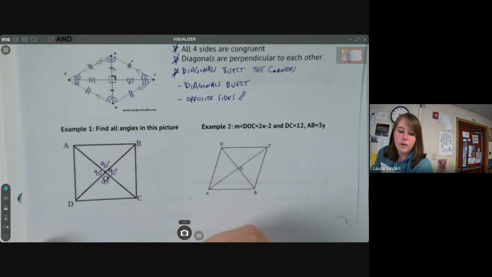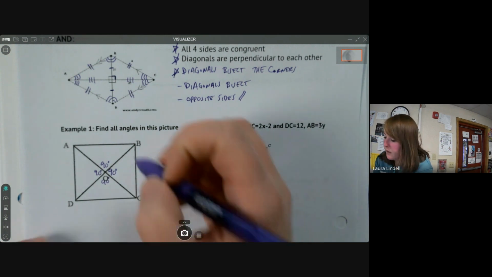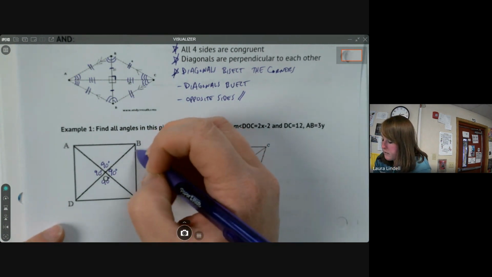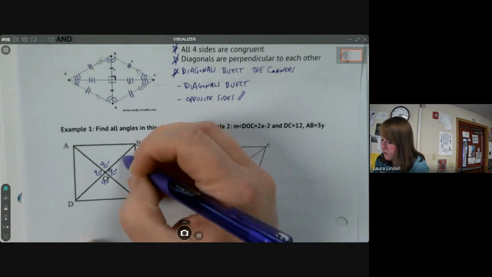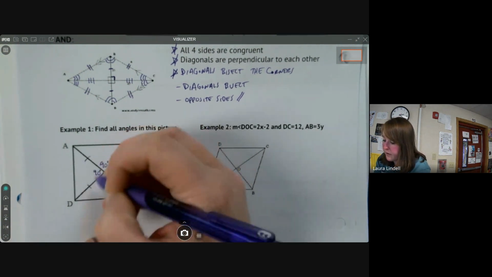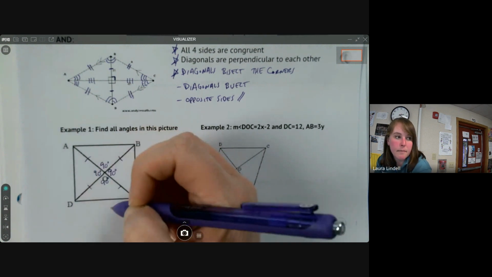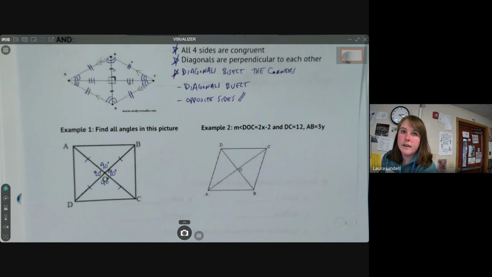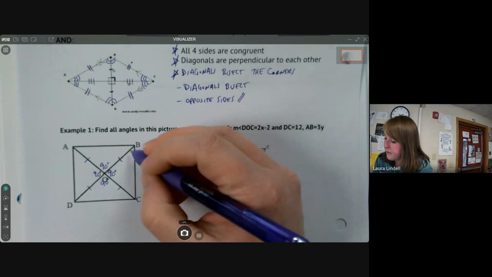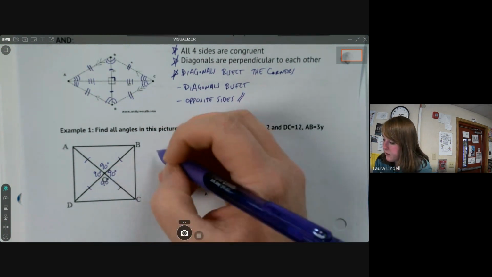We also know that the corners are 90 degrees. And we know that these are all the same length because the diagonals are equal in length and they bisect. So just like with our rectangles yesterday, we can get that this is an isosceles triangle.